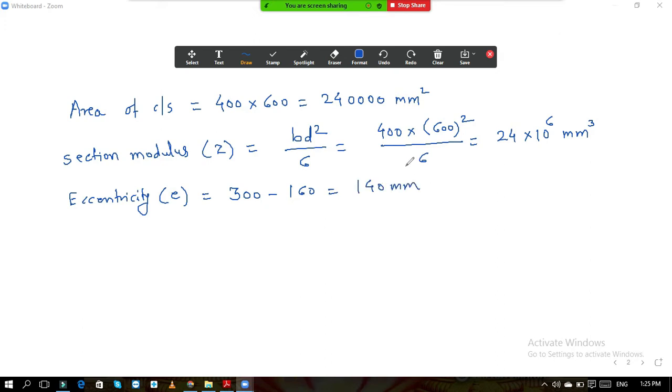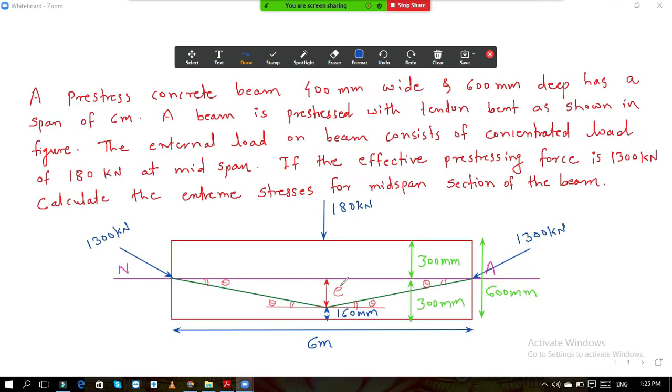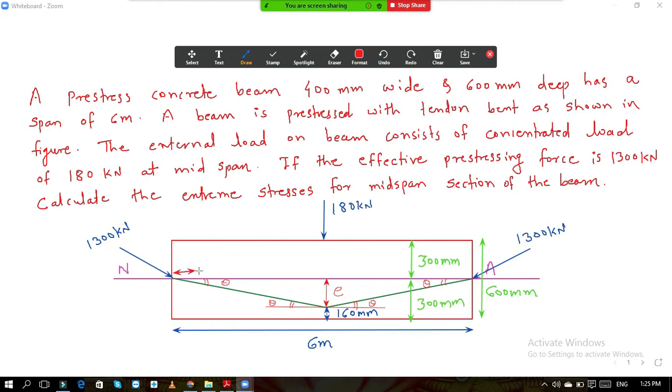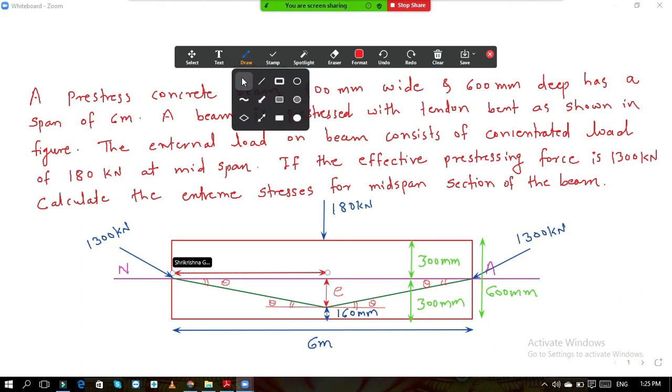Now in the load balancing concept, we know upward load is equal to 2P sine theta. So we need the value of sine theta. Here in the diagram, this distance is 3 meter, and we have calculated E is equal to 140 mm.